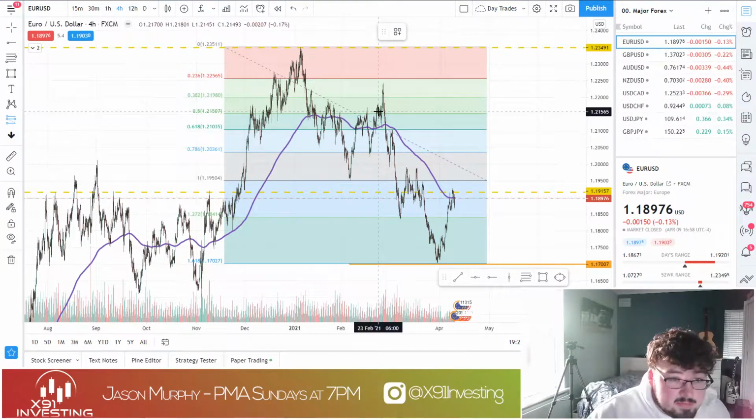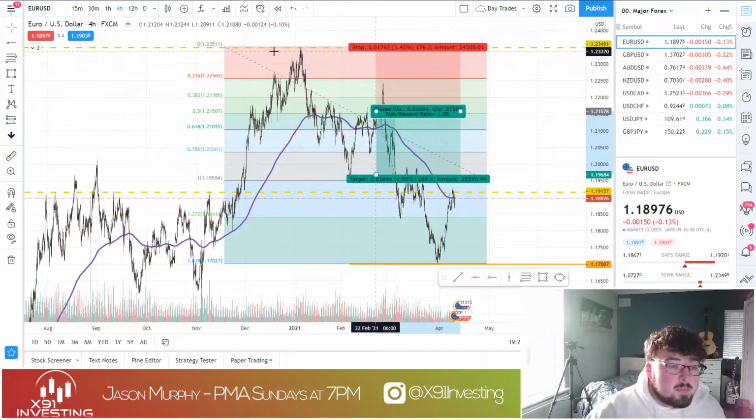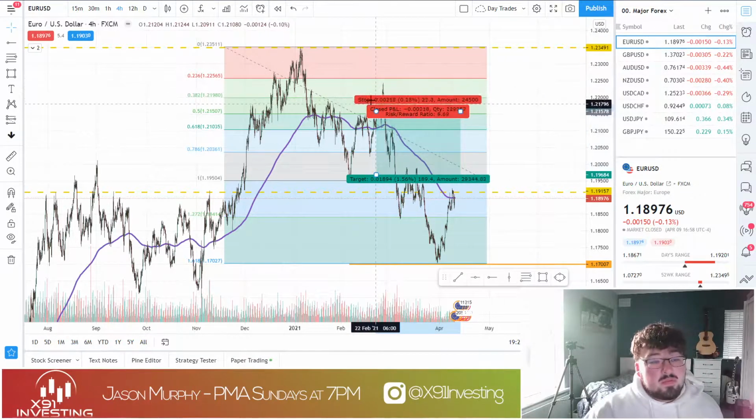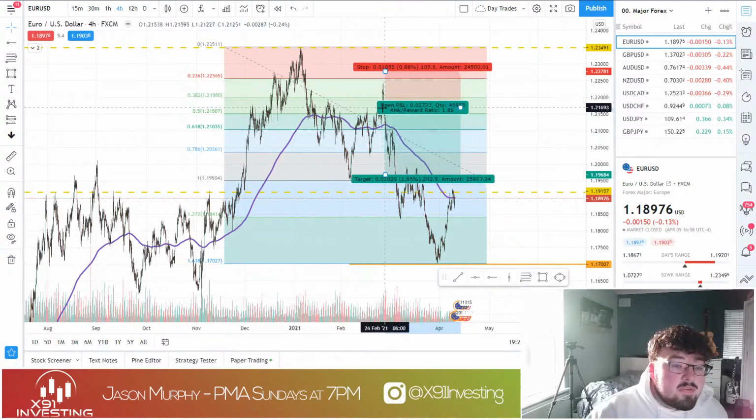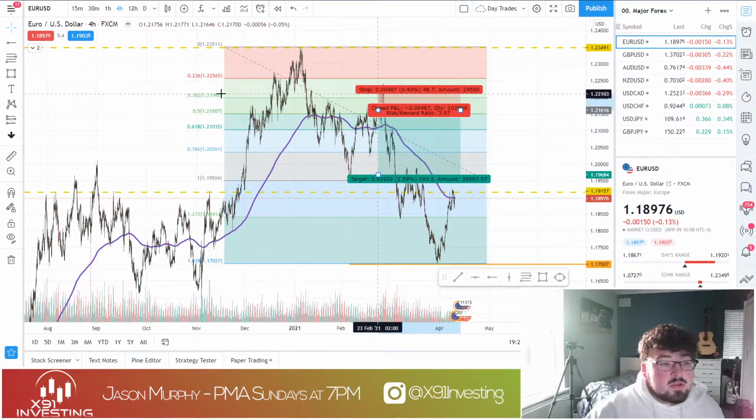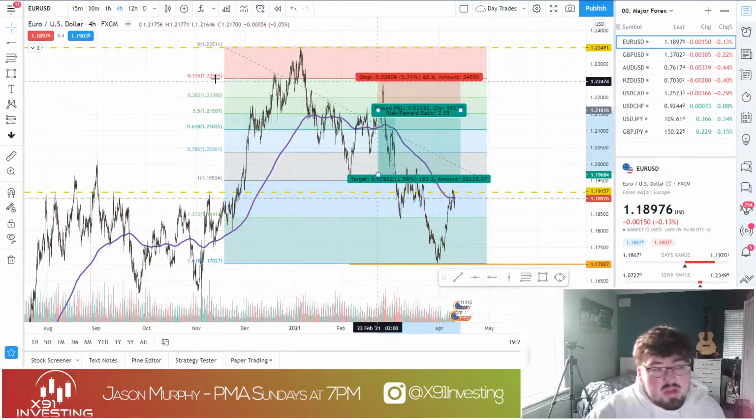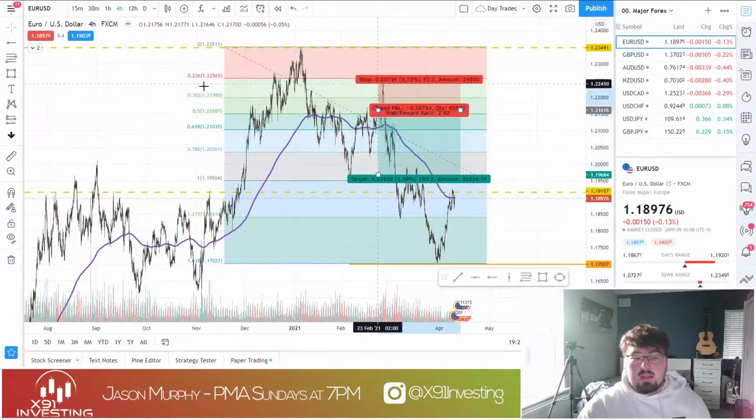You enter here, right? You put your stop, right, at a reasonable level. So if you're entering off of the 0.5, a fairly good idea would be to put your stop in the region of the 23. The 23 is a good one.